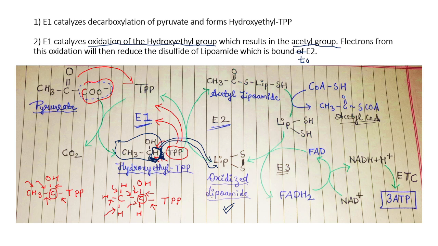So this oxidized lipoamide will get converted into reduced lipoamide, and this acetyl group will get transferred to reduced lipoamide, and it will form acetyl lipoamide. As simple as that. Acetyl group is transferred to reduced lipoamide and it gets converted into acetyl lipoamide.